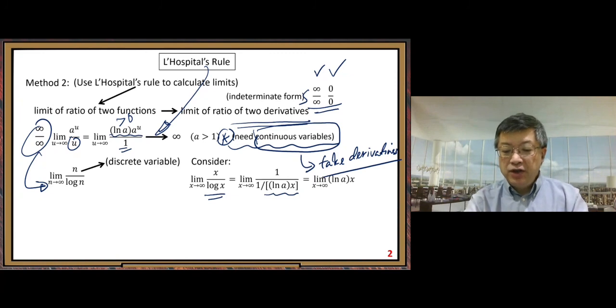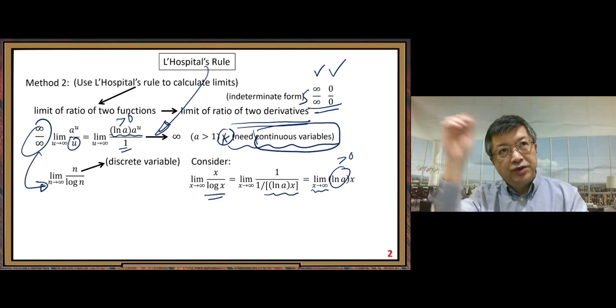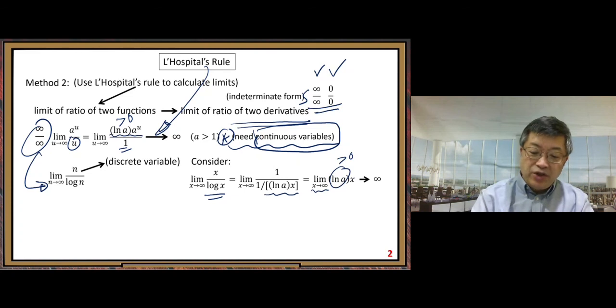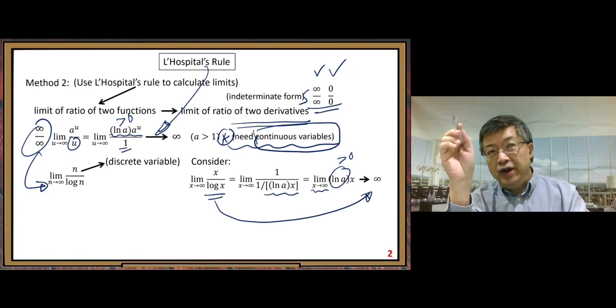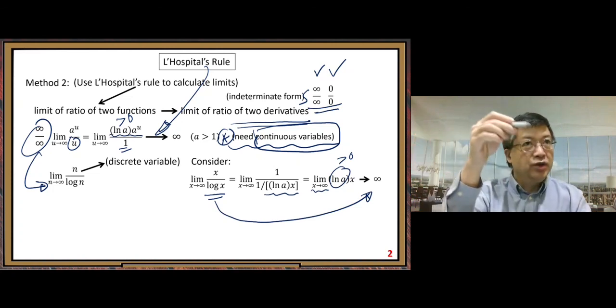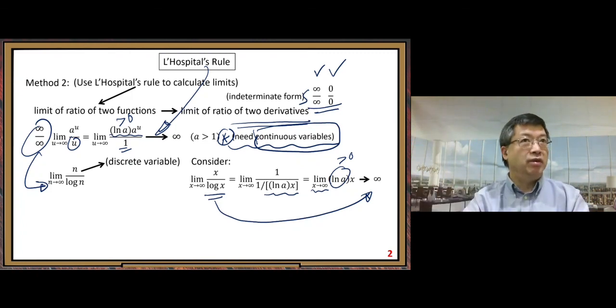After simplification, it is this expression. Then when x goes to infinity, a positive constant times x goes to infinity also. Now we show that when x goes to infinity as a continuous variable, the limit of the ratio is infinity, right? No problem. We proved it.